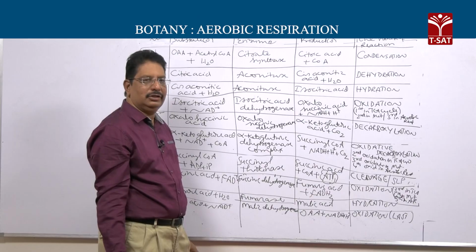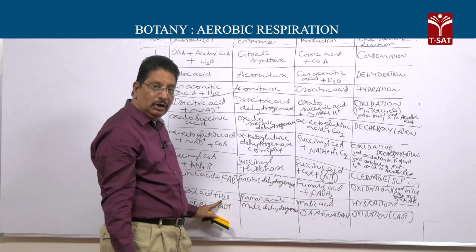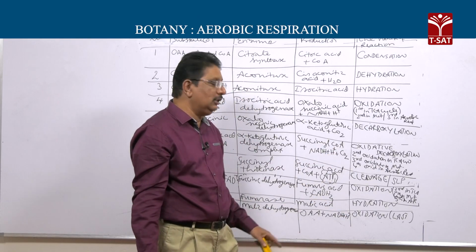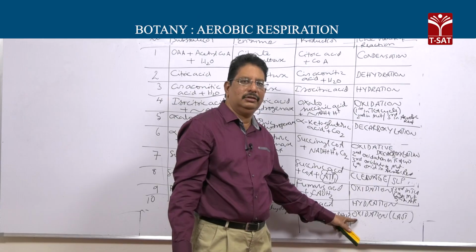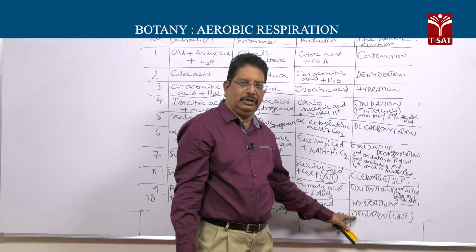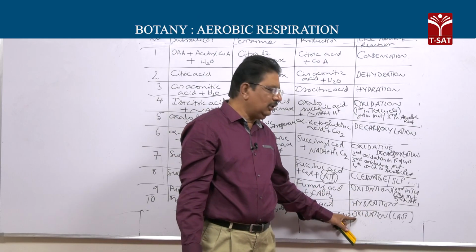succinic dehydrogenase. The next reaction is hydration, where water is utilized, and the last and final reaction in the Krebs cycle is once again an oxidation. So, it is the last oxidation in aerobic respiration, otherwise the sixth oxidation step in aerobic respiration.